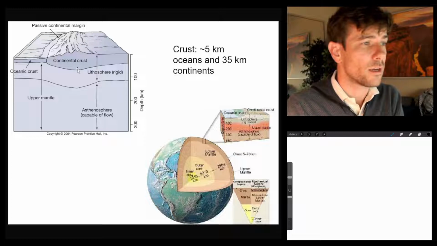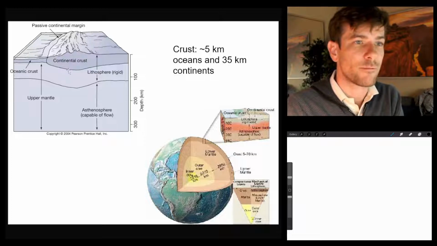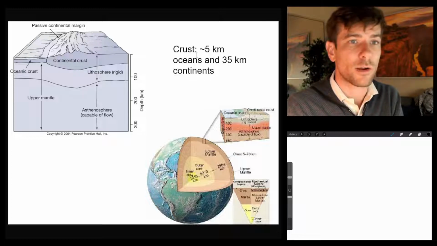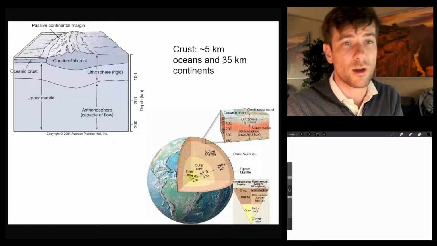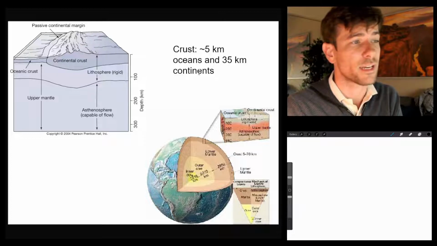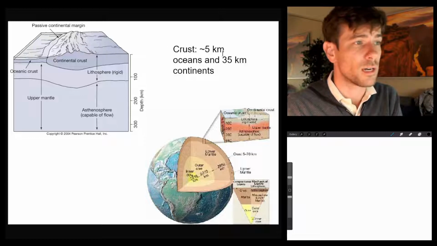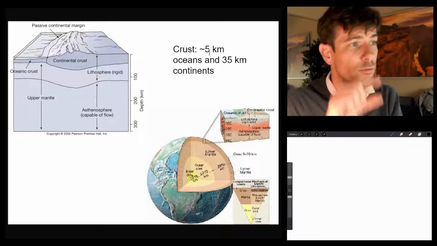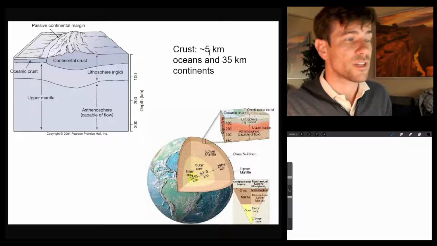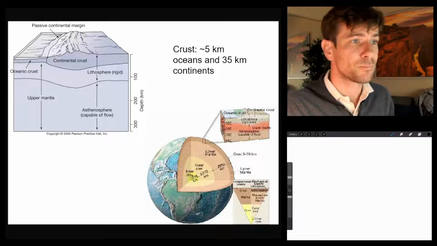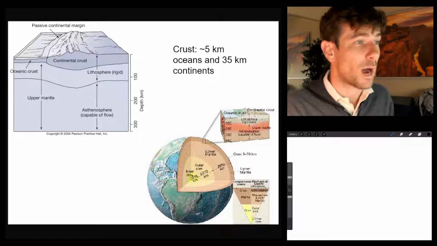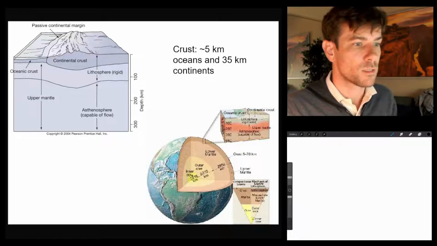It has accumulated throughout Earth's history, and it forms these thick piles. Continental crust can be on average about 35 kilometers thick. It can be up to 70 kilometers thick, whereas ocean crust is pretty uniform at about 5 kilometers thickness. So that's very different, right? Very different. Has a lot to do with why the oceans are where they are, right? And why there's land where there is. It's really because of that.